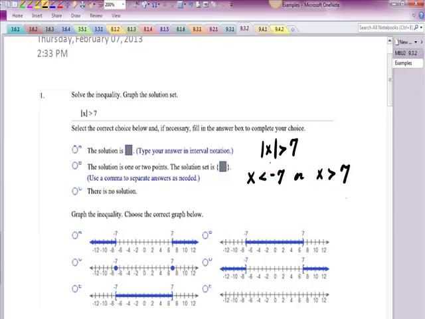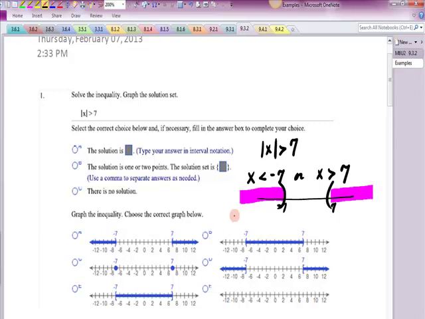Less than the negative, greater than the positive. It's the extremes. On a number line, that would be less than negative 7, greater than positive 7. And the symbols in this case will be parentheses because we just have the inequality symbols without equal.